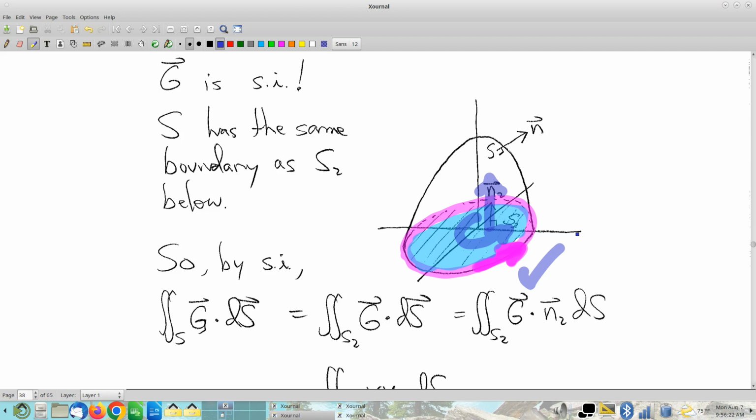Now, let me say a couple more words about whether that's reasonable or not. It's tempting to look at these two orientations, the orientation on my original surface and the orientation on my new surface, and say they're kind of opposites. One's inward, one's outward. They're not.